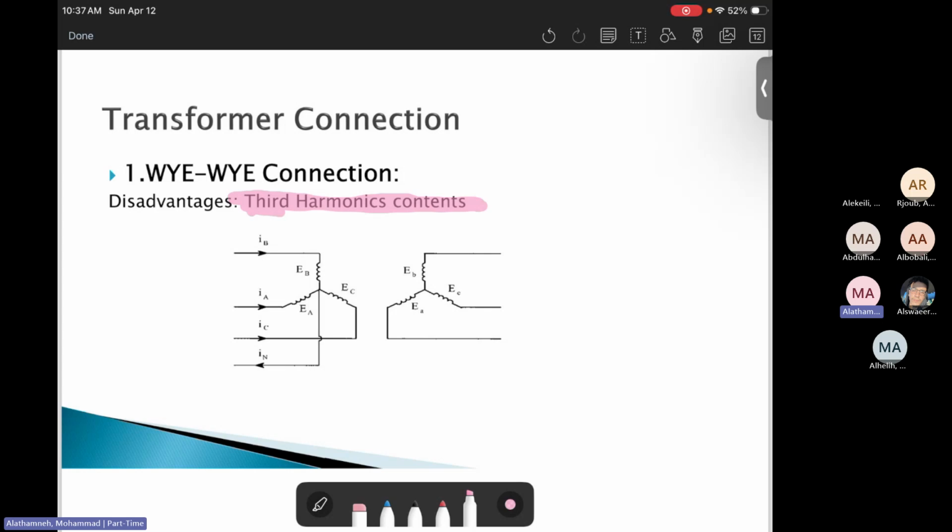The drawback is that the third harmonics will move from low voltage toward the medium voltage level if there is a Y to Y connection. So the harmonics will move from here to here. Third harmonics, that's something undesired.